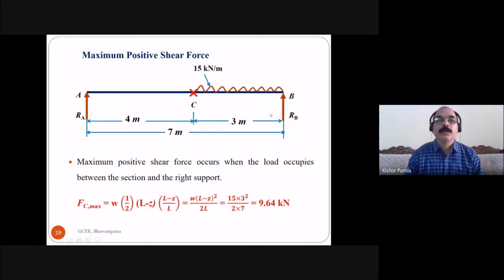So Fc max is equal to W into half into (L minus Z) into (L minus Z) by L, which is equal to W into (L minus Z) whole square by 2L. You know W is equal to 15 kilonewton per meter, L is equal to 7, and Z is equal to 4. 7 minus 4 is 3, squared, by 2 into 7. This is 9.64 kilonewton. This is the maximum positive shear force.